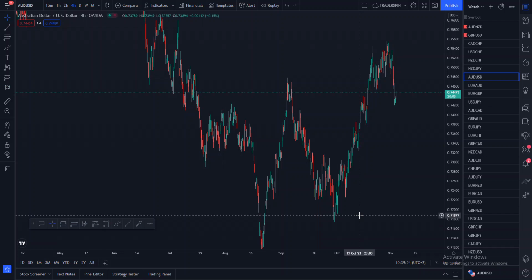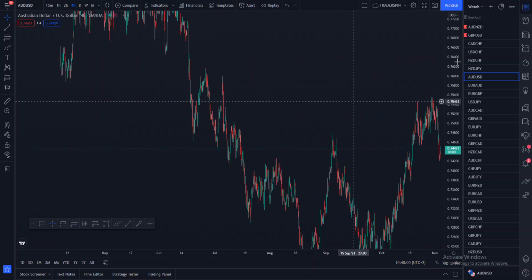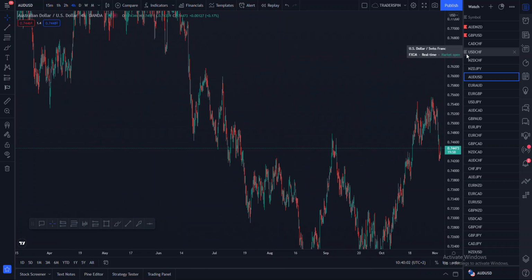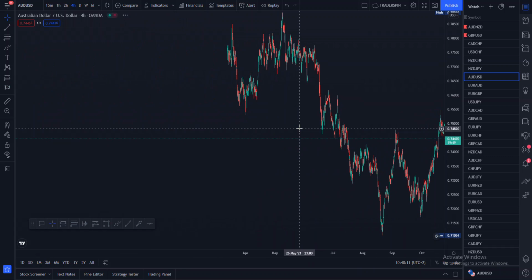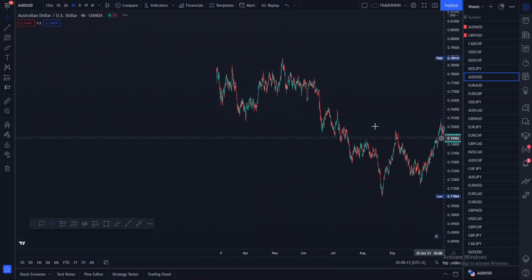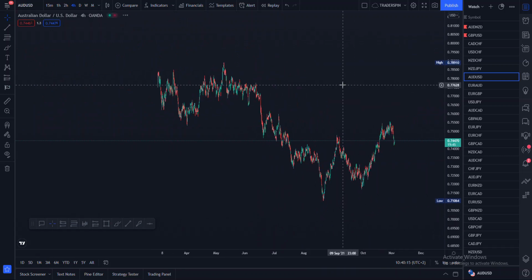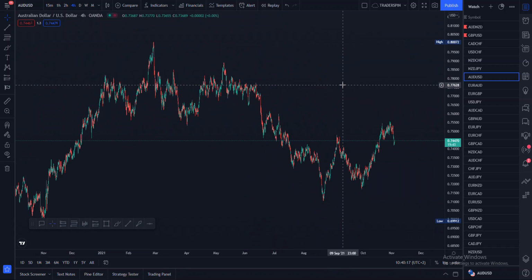The market structure, guys, plays a very important role in price action, basically. But it is something that is not paid attention to. Okay. So the market structure is actually the foundation of this whole strategy.